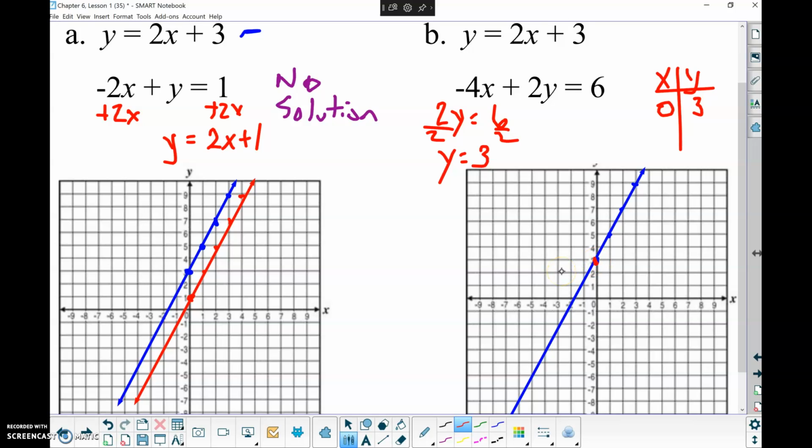Then I can pick another value. And some people like to use 0 for y. So if y is 0, I cover up the y. And I have negative 4x equals 6. So what is x?